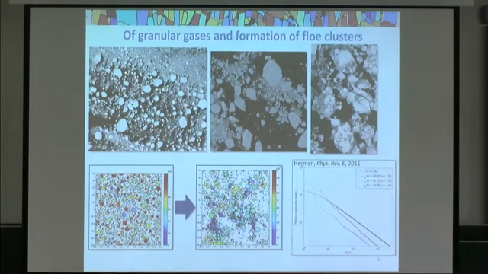Just to illustrate the point with a very, very simple example, one of the very characteristic properties of granular materials is a tendency to form clusters of particles, molecules, grains, whatever we call them. And we often see clustered ice floes on the sea surface in satellite images, for example.